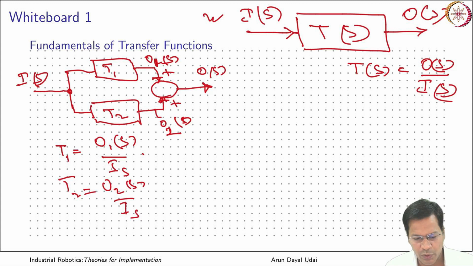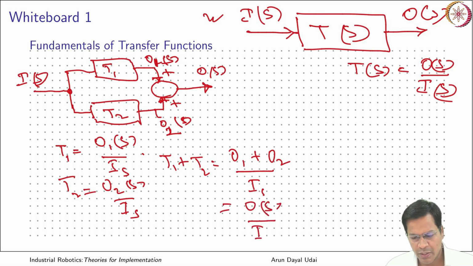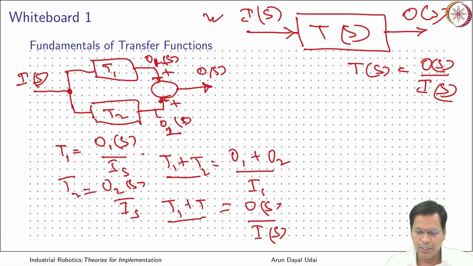If I add them together, what will I get? T1 plus T2 will be equal to O1 plus O2 by I(S). O1 plus O2 is nothing but output by input. Got it? So that becomes the equivalent transfer function in this case. So in case of parallel, it gets added like this.